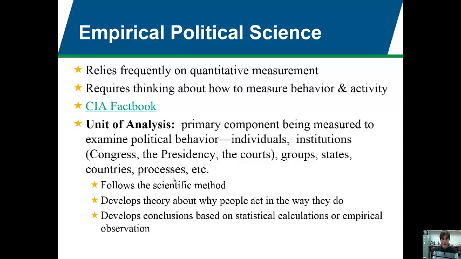It develops theory about why people act in the way that they do, and it develops conclusions based on statistical calculations or empirical observations. So once you get all this data, you can say, this is happening because we see this particular number of so-and-so happening. Empirical political scientists look at the world and try to measure it in some manner and then run an experiment on it. So it's very scientific, even though it's dealing with political questions or scenarios.